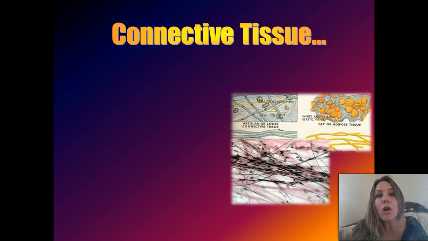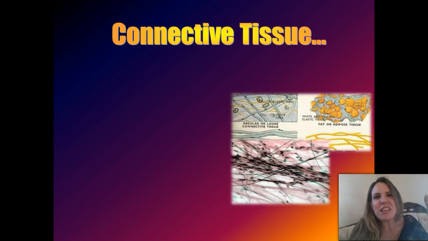When we go over this, keep in mind the definition of tissue: cells working together for a common function, and that is certainly true of connective tissue. These cells produce a substance called extracellular matrix, or sometimes people call it ground substance.